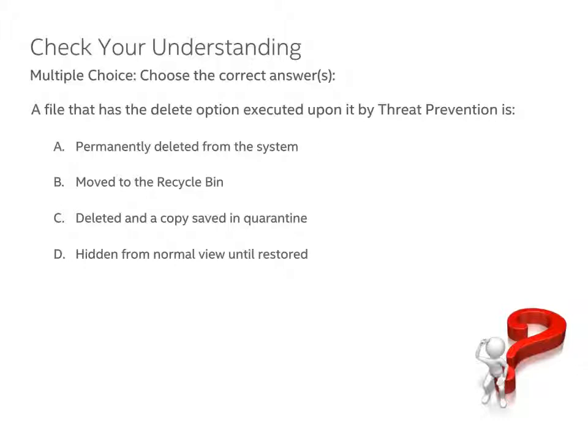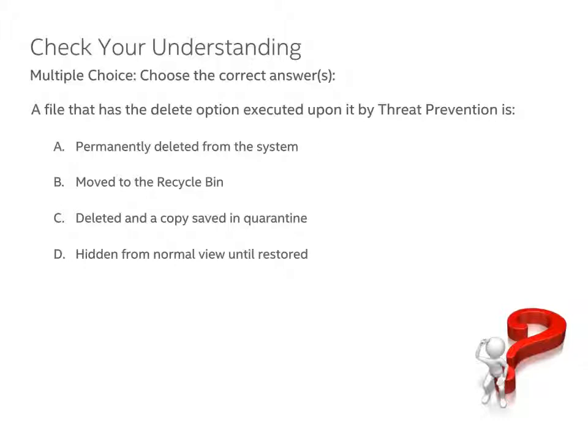Check your understanding, multiple choice, choose the correct answer. A file that has the delete option executed upon it by the threat prevention is: A, permanently deleted from the system; B, moved to the recycle bin; C, deleted and a copy saved in quarantine; D, hidden from normal view until restored.